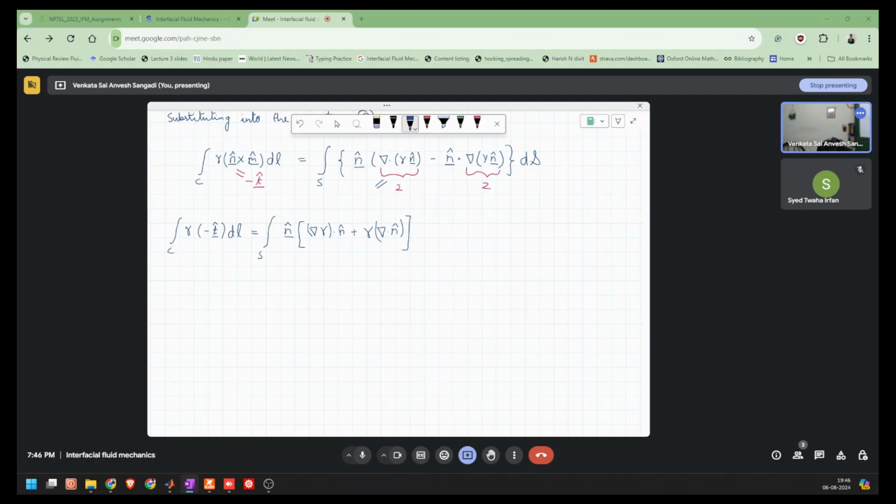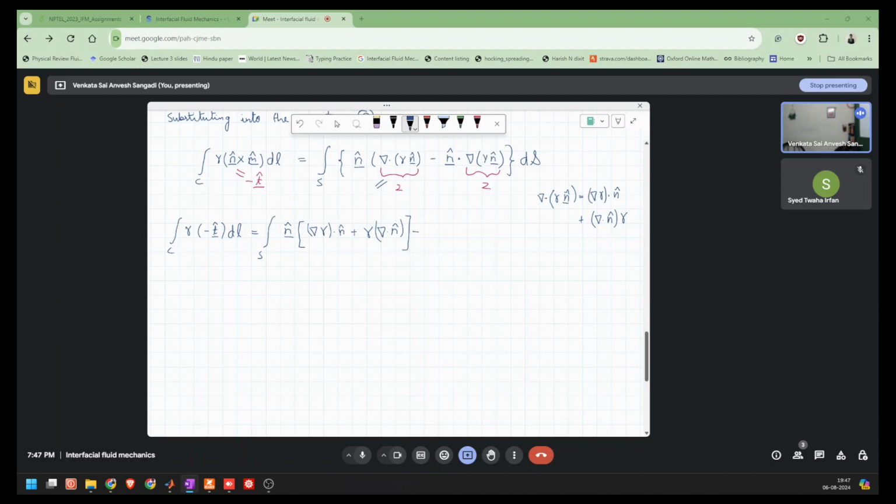So while expanding del dot gamma n hat, first we have a vector, the gradient of gamma, which is dotted with n hat, plus we have the divergence of n, which is multiplied with a scalar gamma. So all in all, this is a scalar, so that is consistent here.